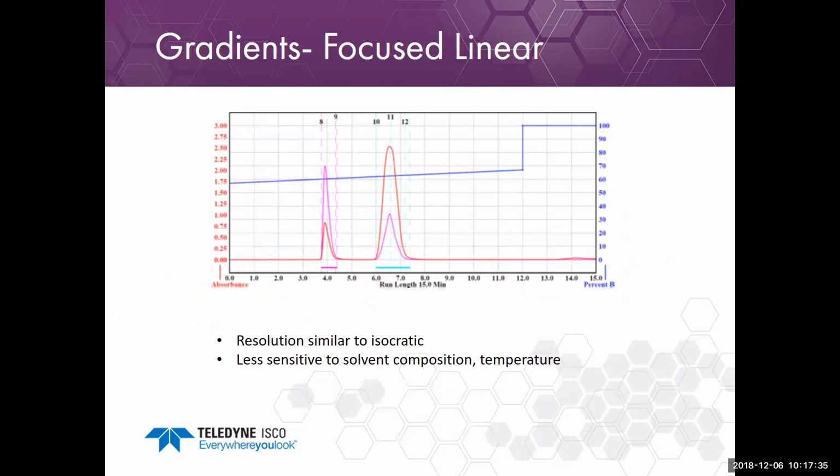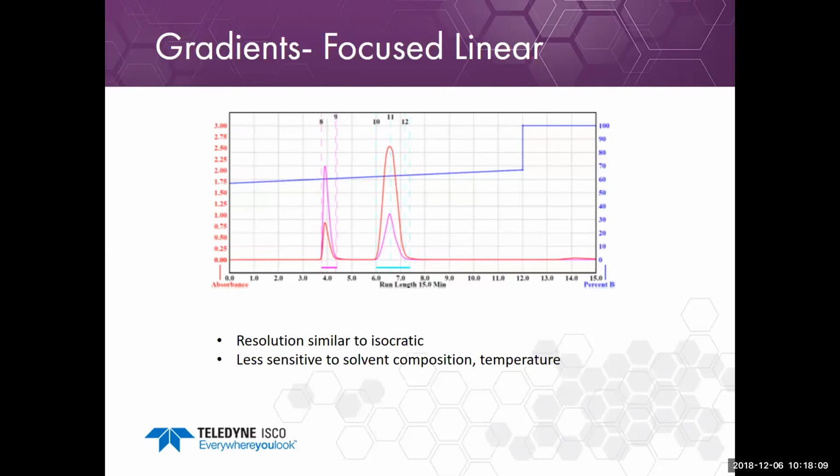The other type of linear gradient is a focused gradient. The resolution is similar to an isocratic, but it's less sensitive to solvent composition and temperature. For example, you might remember earlier that just a 5% B change in solvent composition moved a peak several minutes. Over here, a 5% B change in solvent composition might have moved a peak only maybe 1 minute or so.